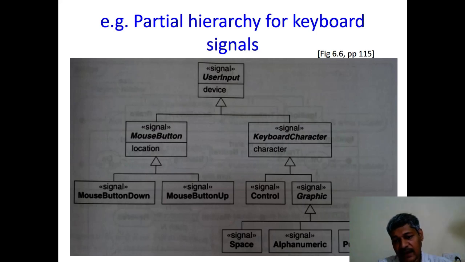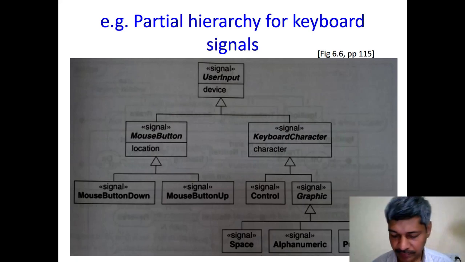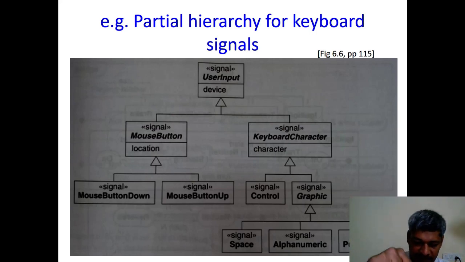The graphic signal can be further specialized: the space button, an alphanumeric character, any of the alphanumeric characters on my keyboard, or alternatively punctuation. Pressing any of these inputs will generate a signal. So it can be an alphanumeric character, but eventually it's also a graphic and also a keyboard character.